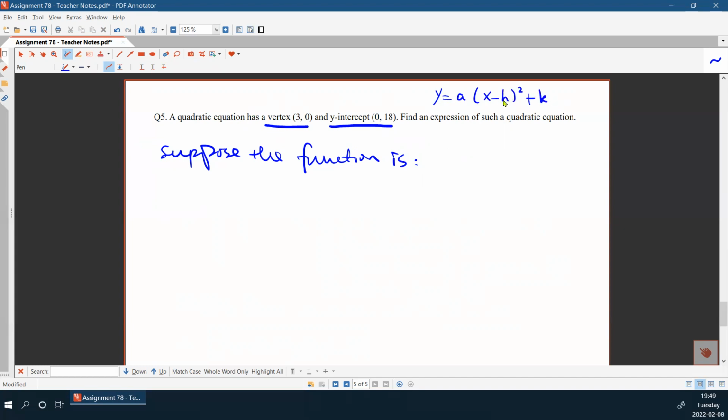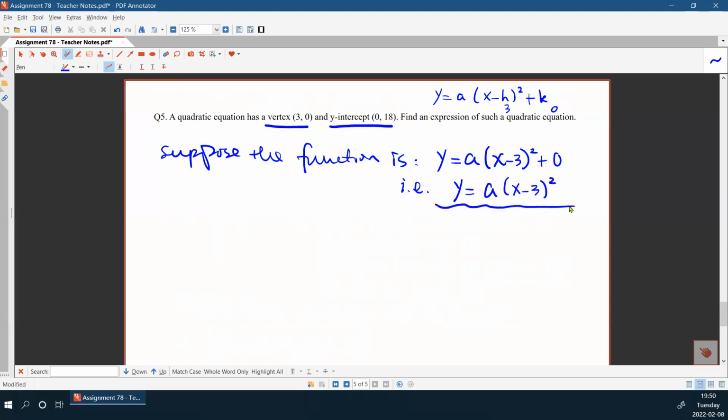So h is the x coordinate of the vertex, so h is 3. Then k is 0, right? We don't know the value of a. So suppose the function is y equals a times x minus 3 squared plus 0. That can be simplified to y equals a times x minus 3 squared, right?